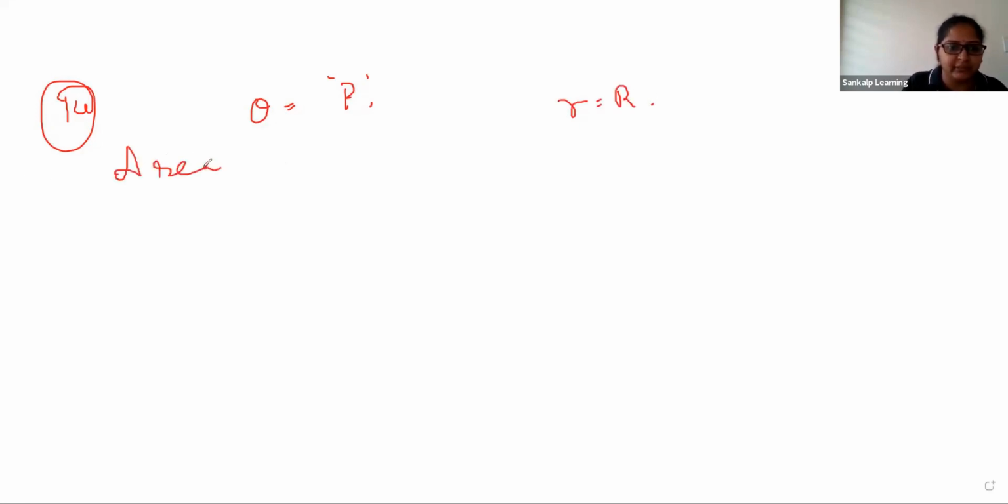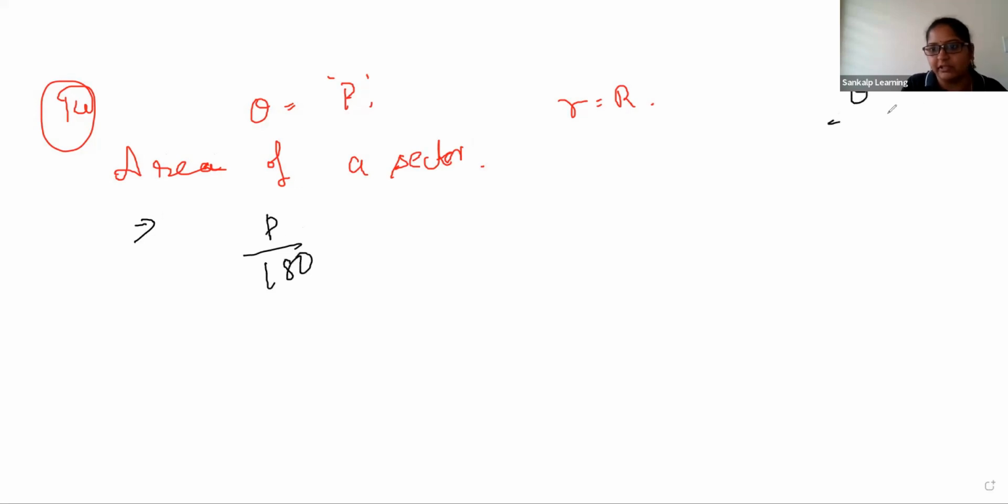You should answer now. I'll give you 4 options here. Tell me which is right. First one, P by 180. I will write the formula here. Theta by 360 pi r square. This is the formula. Tell me which option matches this formula correctly.